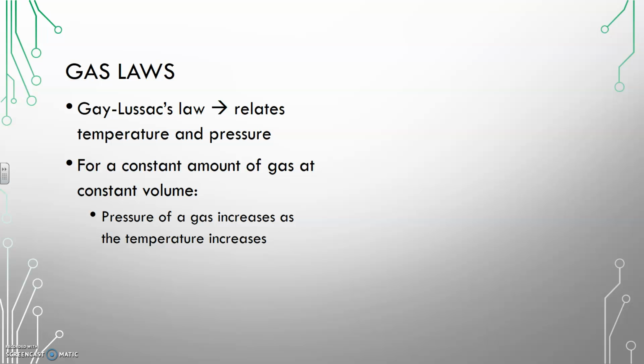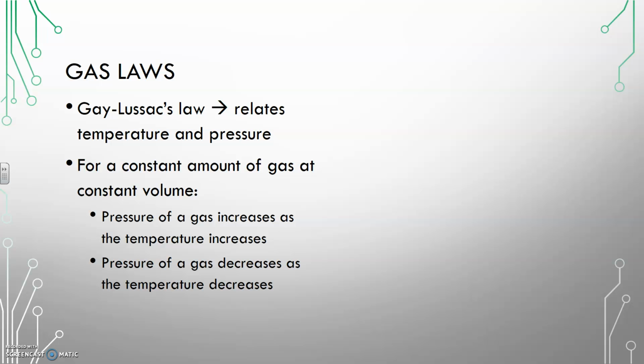The pressure of the gas will increase as the temperature increases. If you increase the temperature, you're causing those gas particles to bounce around more and more. They're going crazier, right? So that's going to increase the pressure on the sides of the container. And if you lower that temperature, basically you're giving the gas a sedative.